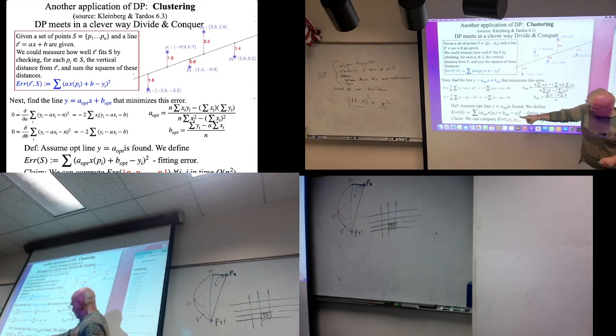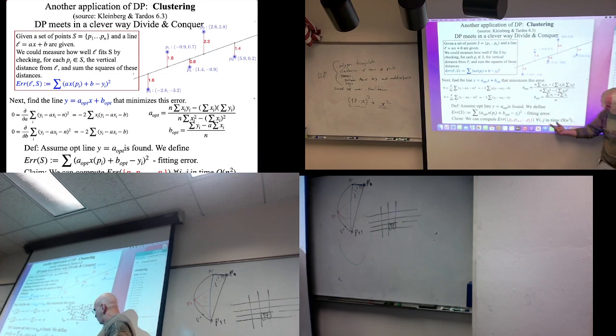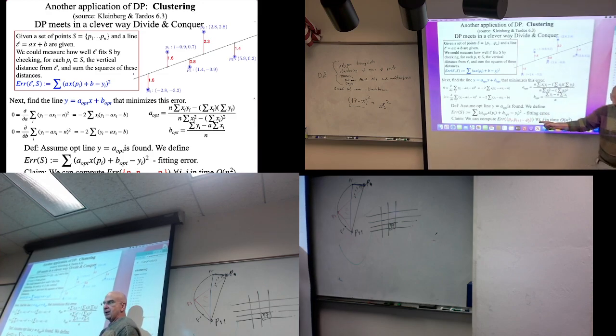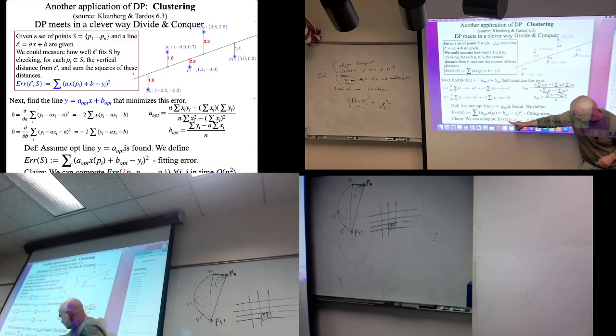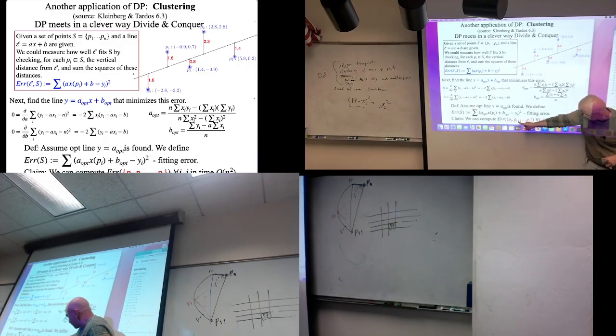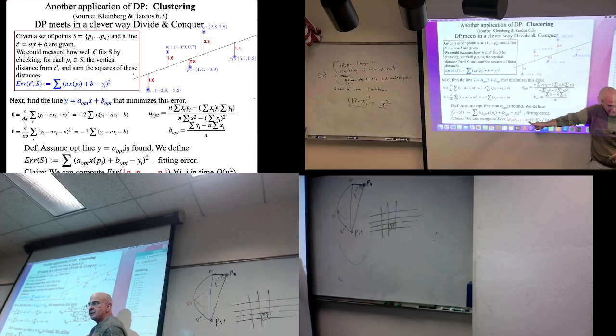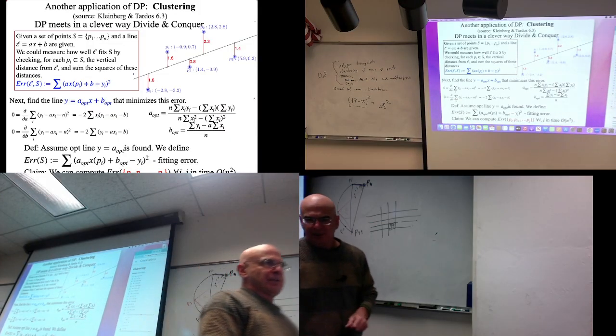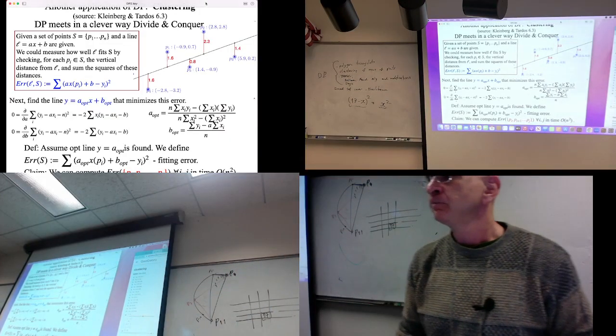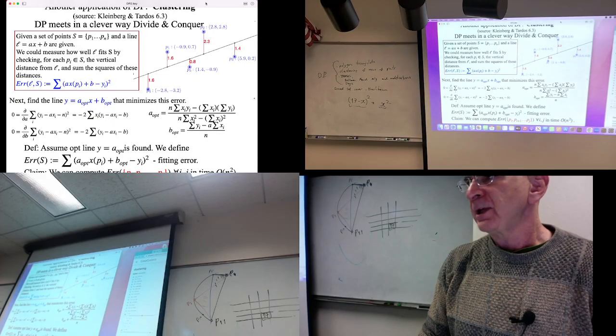But in general, if you give me all the pairs of values i and j, i smaller than j, and I want to ask what is the error of the best fit for the set of points that starts at pi all the way to pj. Once I tell you i and j, I must include all the points in between: pi+1, dot dot dot, pj. What is the error of all the way from pi to pj? That will take order n squared. So far, nothing complicated.